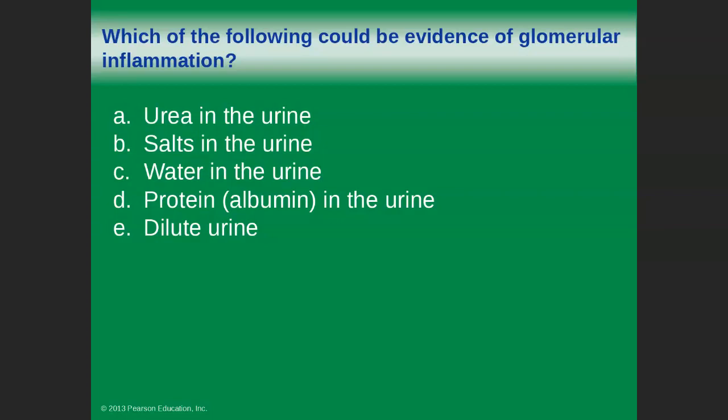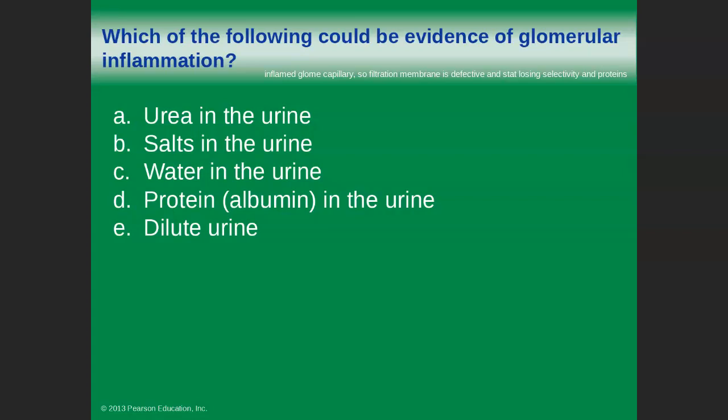Okay, so the filtration membrane is defective, okay, and starts losing selectivity, and proteins and even cells can show up in the urine.